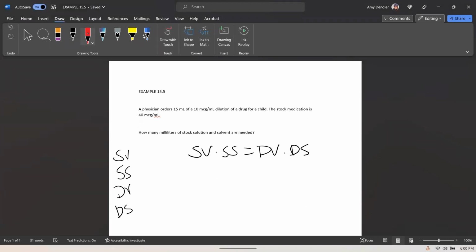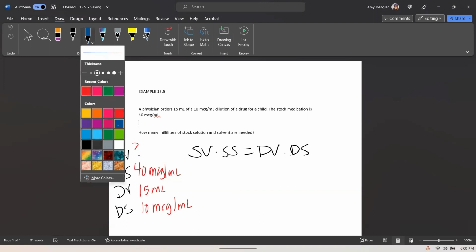So that is going to be desired, right? And the doctor has ordered 10 micrograms per ml dilution. So that's going to be our desired strength. And because we have 2 strengths both with micrograms per milliliter, we can just leave them that way. And then our stock medication, it tells us, is 40 micrograms per ml. And our SV is unknown.